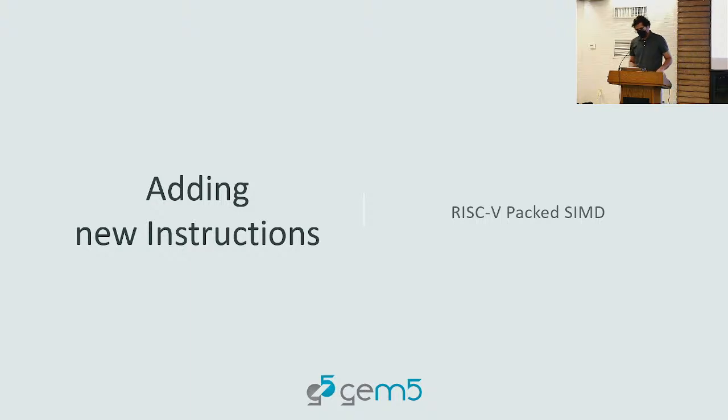Okay, so let's start adding an instruction. What we're going to add today is an instruction from the RISC-V packed SIMD extension. This extension is focused on low power systems or DSPs, and is mainly used for subword level parallelism.